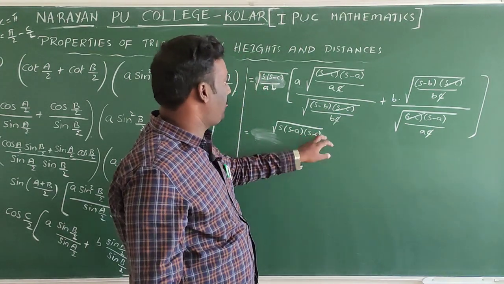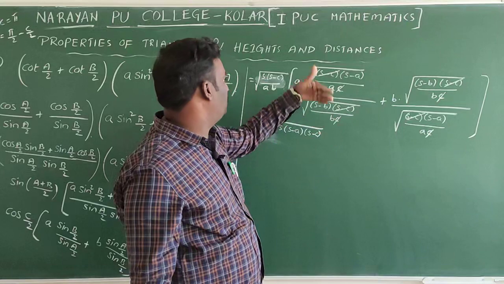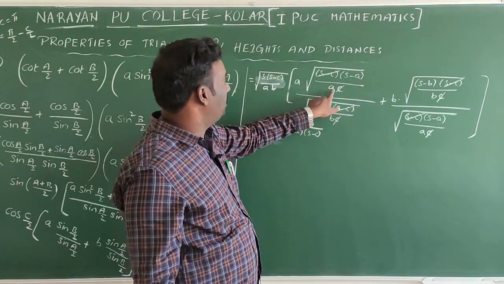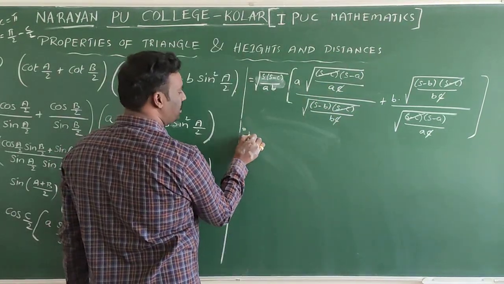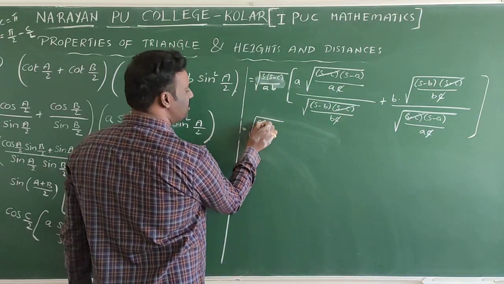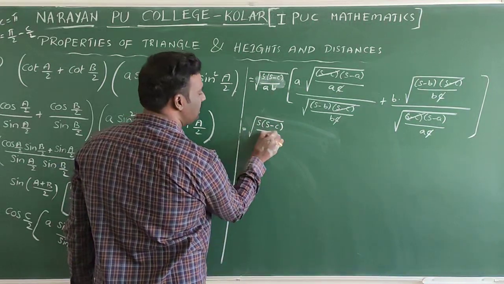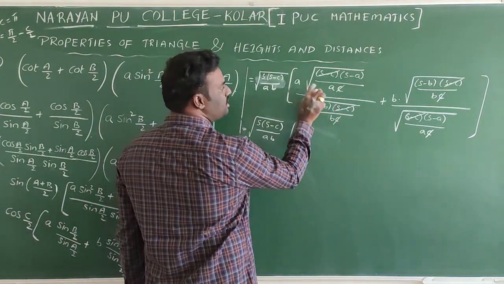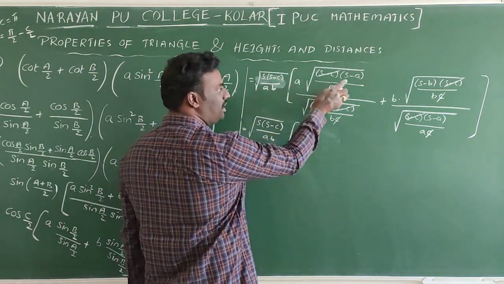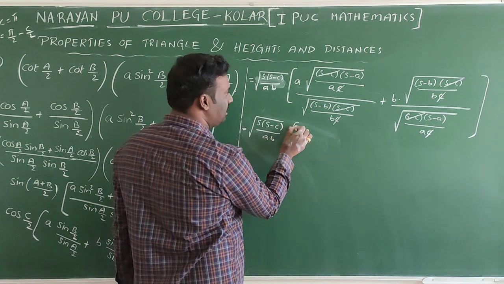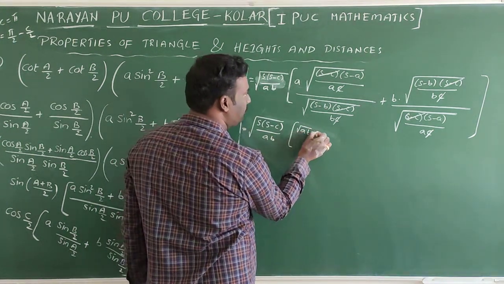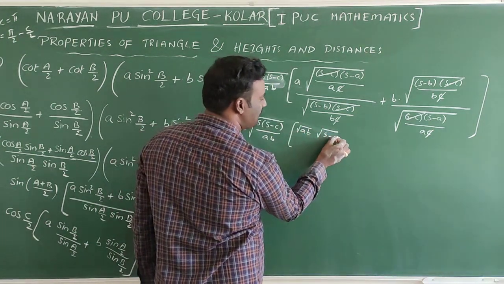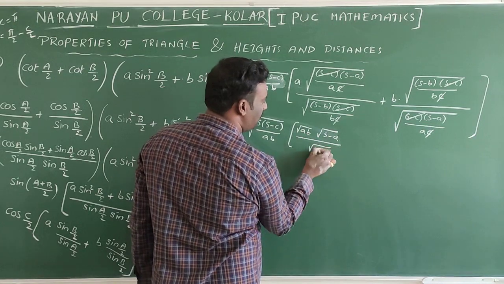But here this b will go to numerator. Now this is root a, this is a, root times cancel. Now root ab into root of s minus a by root of s minus b you will get.